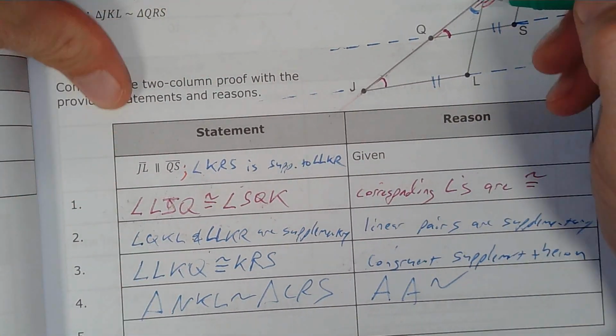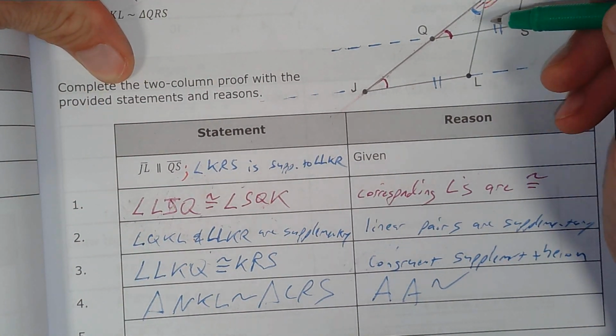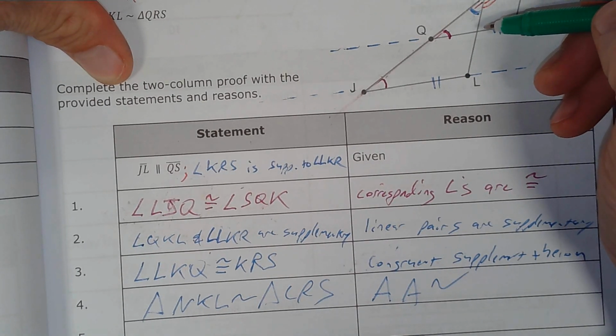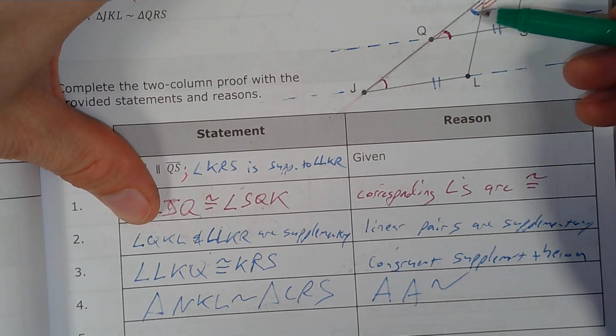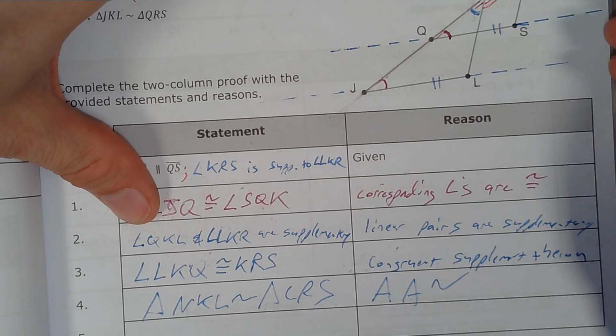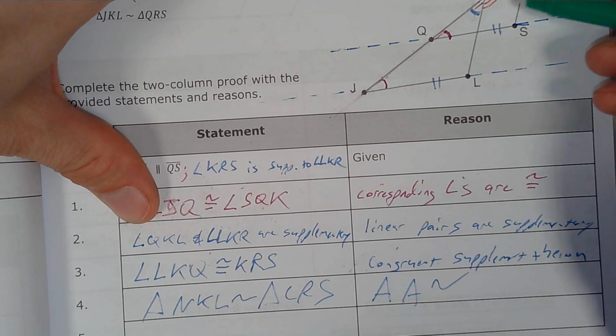They said that because these two angles were supplementary, KL and RS are parallel because they're consecutive interior angles.